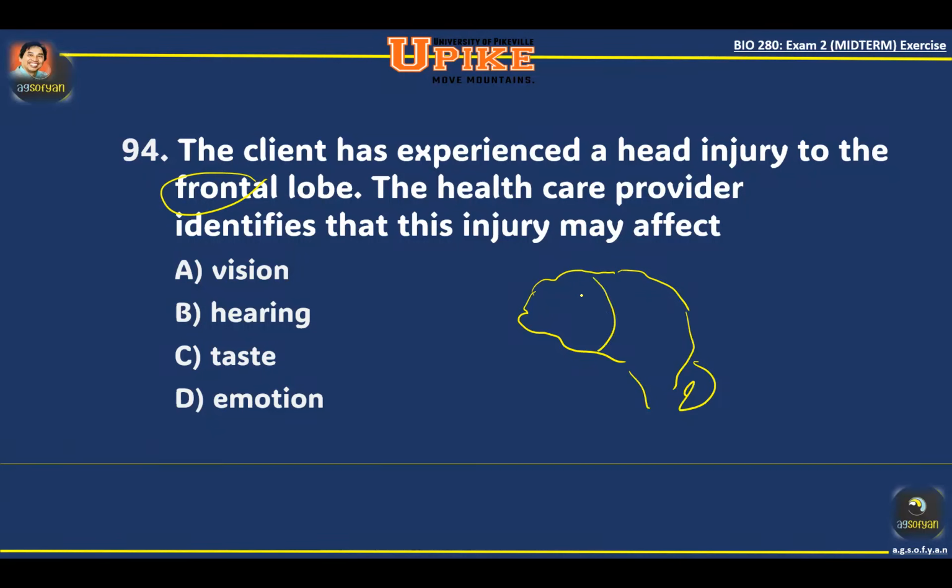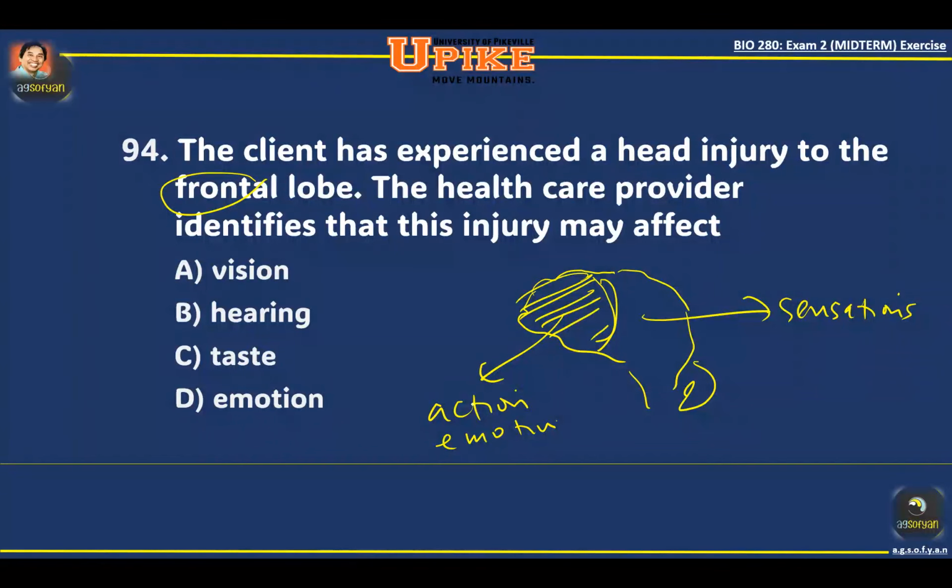The frontal one over here is used for action and emotions. The back one over here is for sensations. So if the frontal bone gets injured, it may affect your action and emotion.